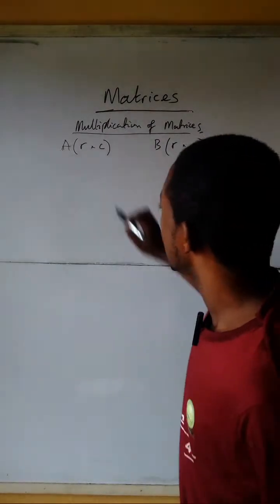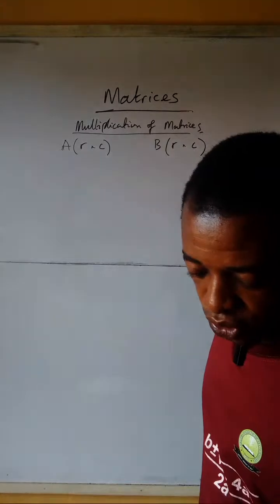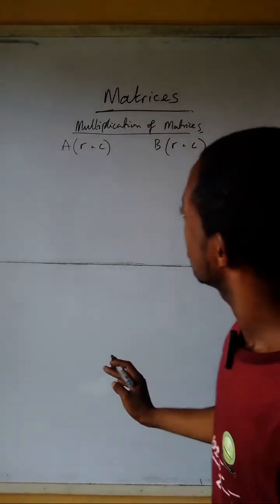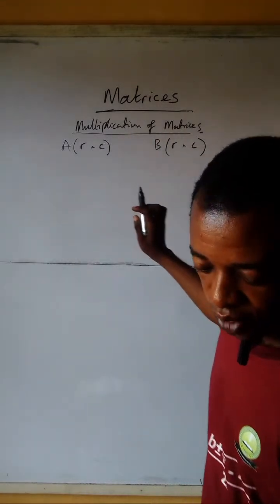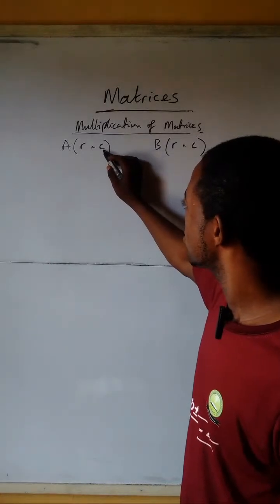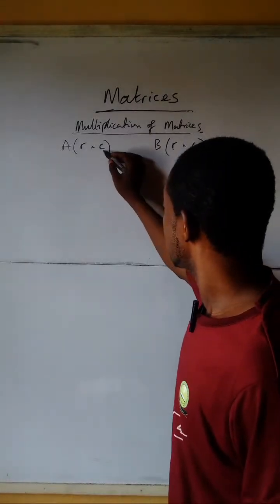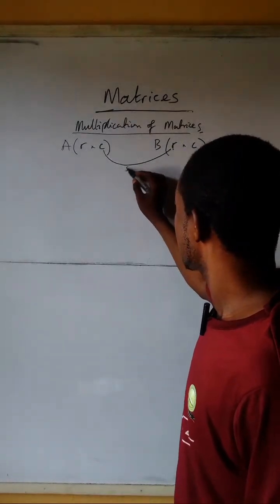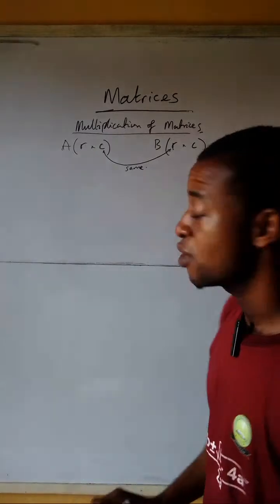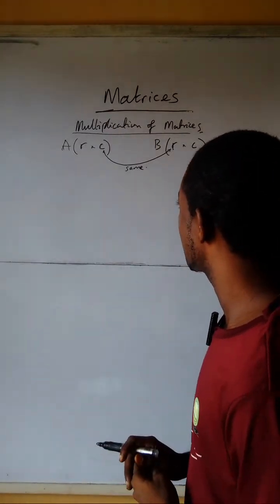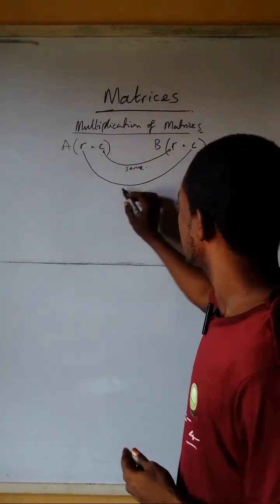Before we can multiply two matrices, the fact here is that the column of the first matrix should be the same thing as the row of the second matrix. That is, this must be the same. They must have the same number before those matrices can be multiplied. And the result will give us this order.